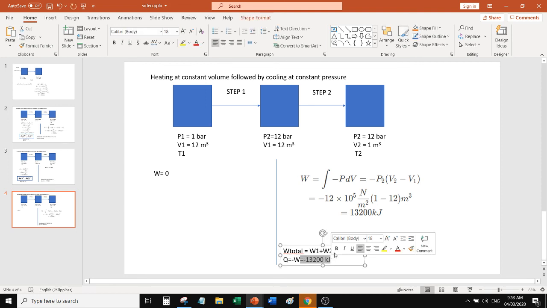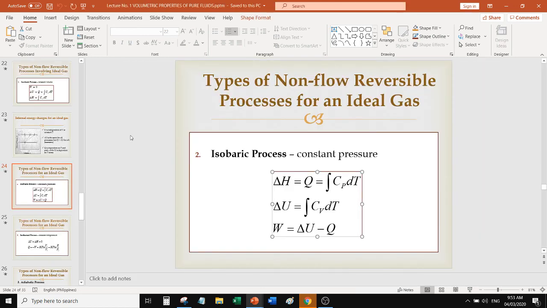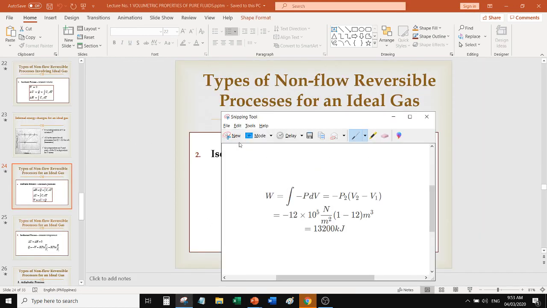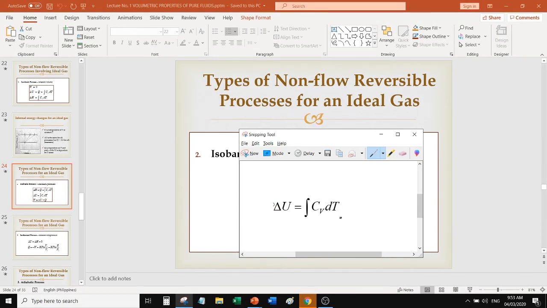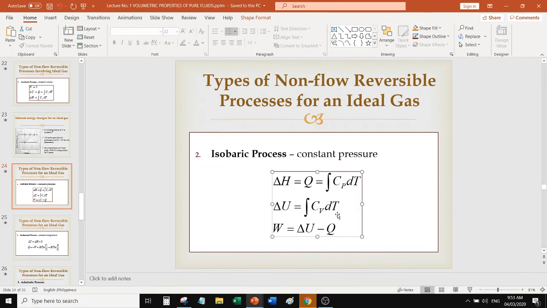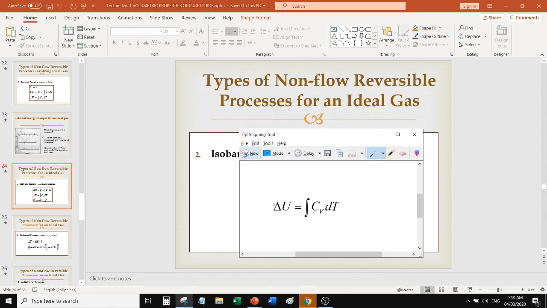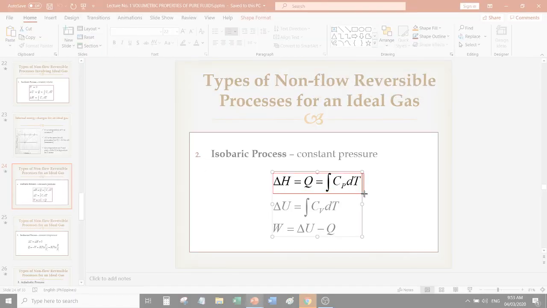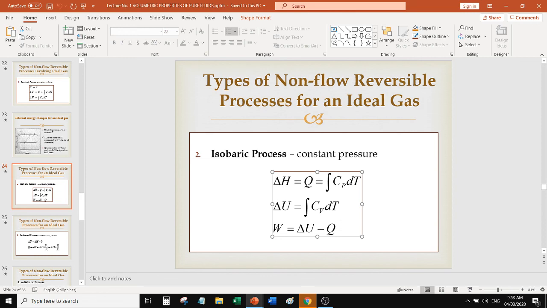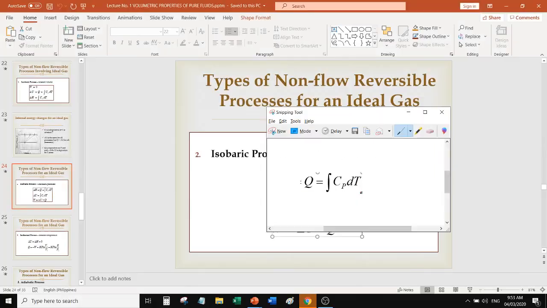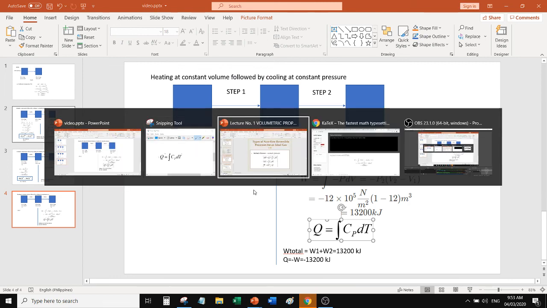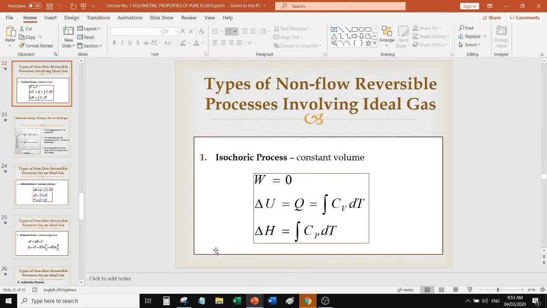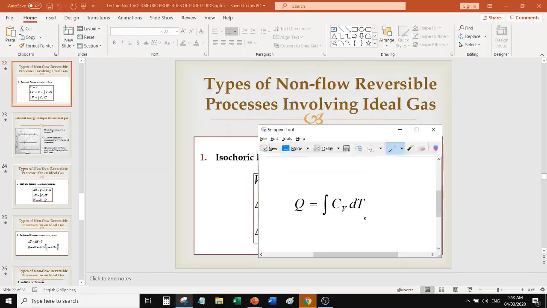So Q is Cp dT for step 2, and for step 1, Q is Cv dT.